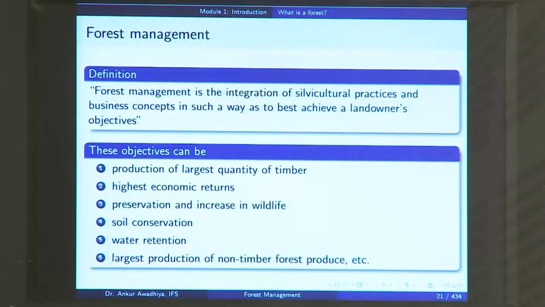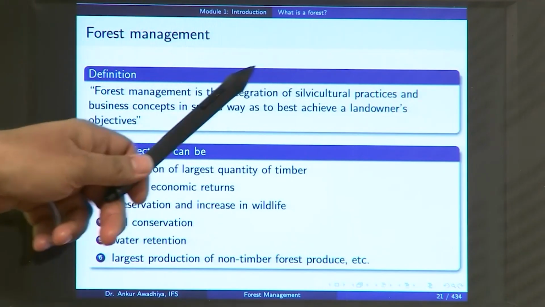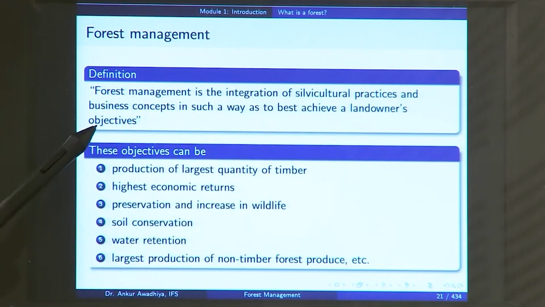So, this could be one management objective, or you could have another forest in which you are having medicinal plants and you want to collect the largest quantity of leaves. That could be another management objective. So, forest management is looking to best achieve the landowner's objectives, which can be any of these or any other objective for that matter.